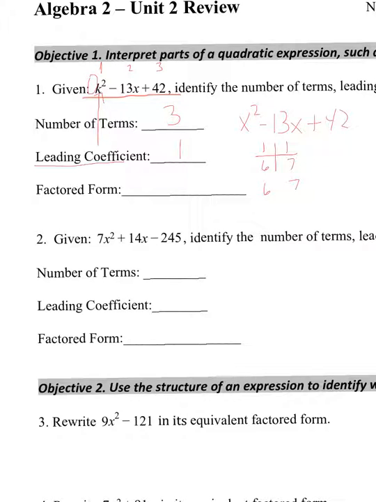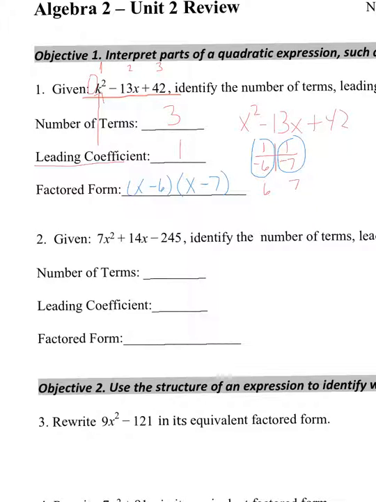They add up to 13. If both of them are negative, they will multiply to a positive 42 and add to a negative 13. So these are my 2 factors. The first one would be x minus 6, and the second one is x minus 7. So that is now in factored form.